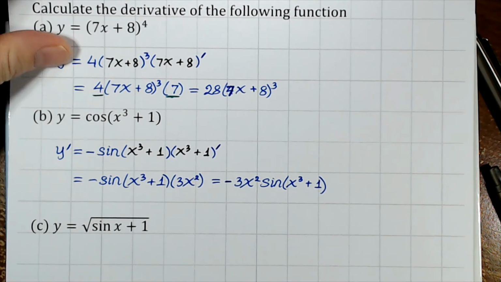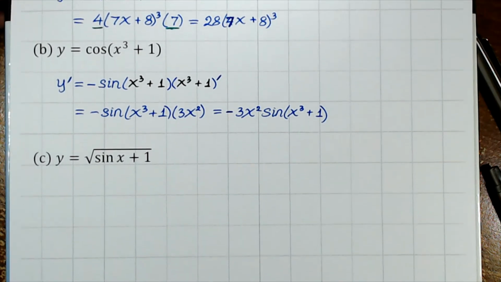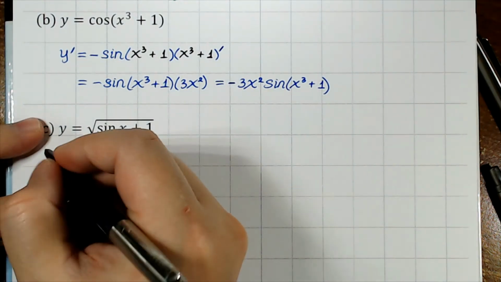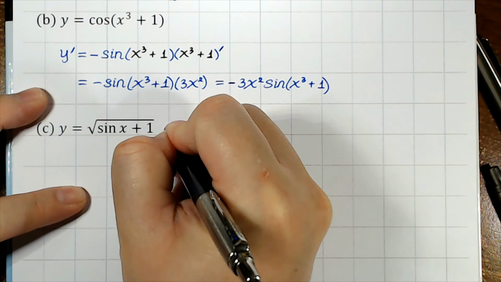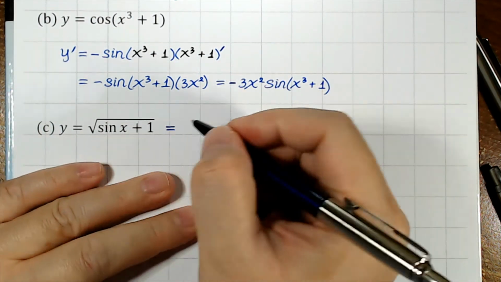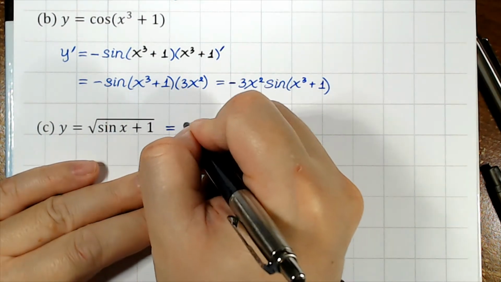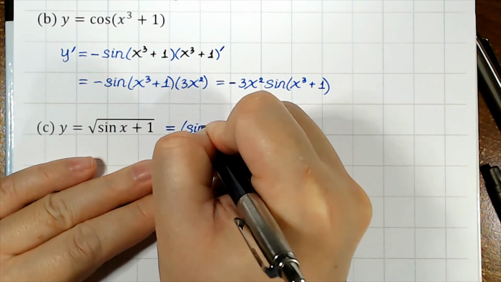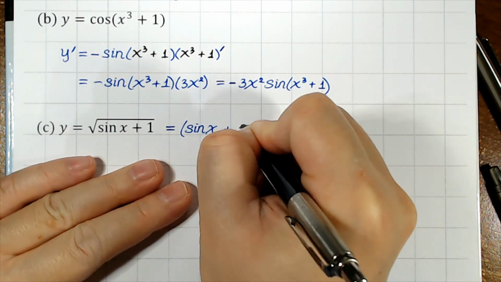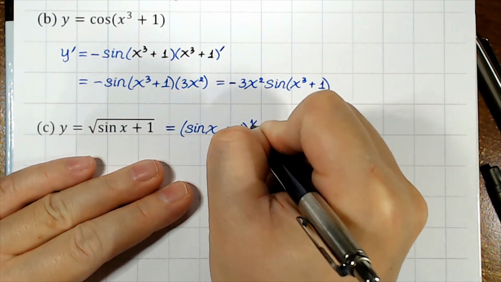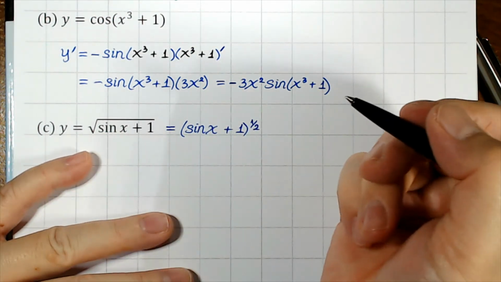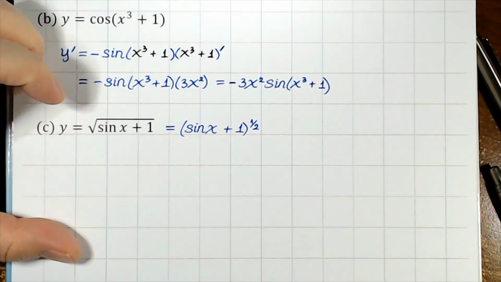Right. The next one is also using the chain rule. We can rewrite this as (sine x plus 1) to the 1/2, or we just keep the square root. Now we take the derivative.